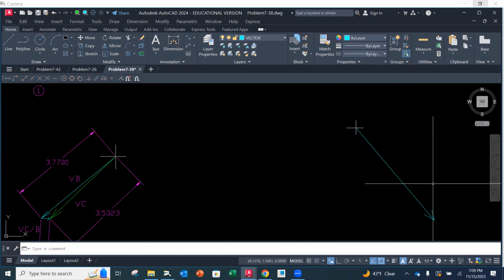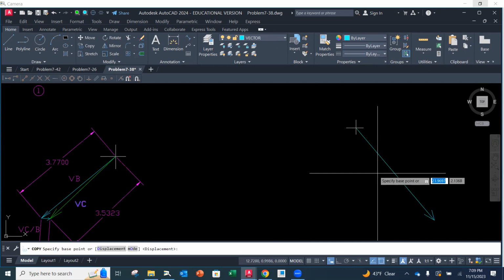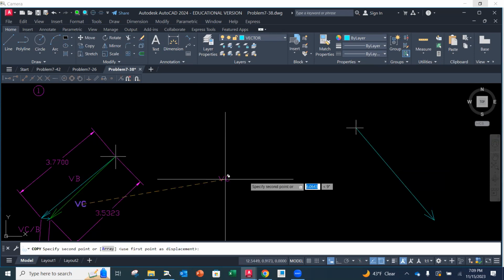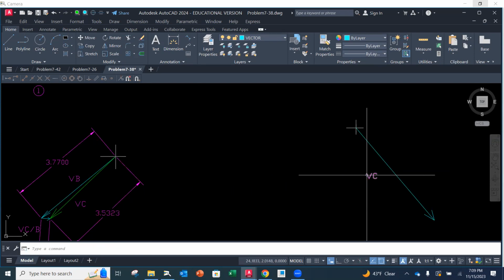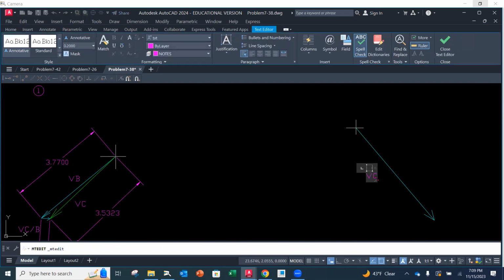Okay, so this is going to be the acceleration normal at B. Here we go.